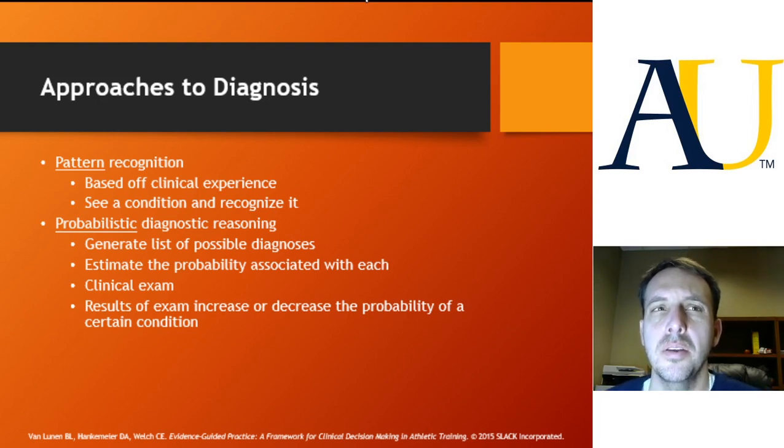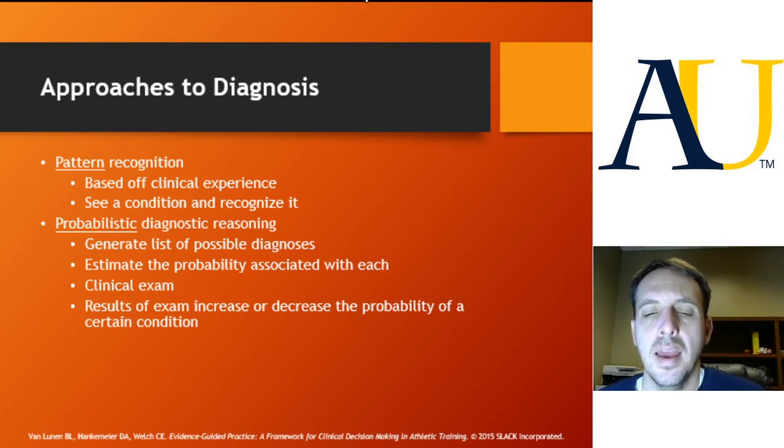So what we're going to do is we're going to look at the different possible diagnoses, and then we're going to create a situation where we can actually rank order and create confidence intervals with how confident we are with these different diagnoses that might be present.